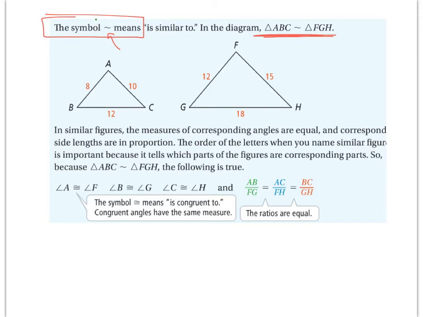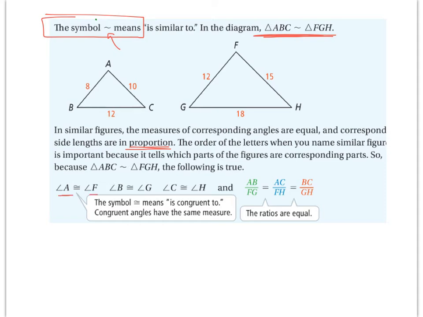In similar figures, the measures of corresponding angles are equal and corresponding side lengths are in proportion, guys. That's what we did the other day. The order of the letters when you name similar figures is important because it tells which parts of the figures are corresponding parts. So because they list triangle ABC is similar to triangle FGH, the following is true.